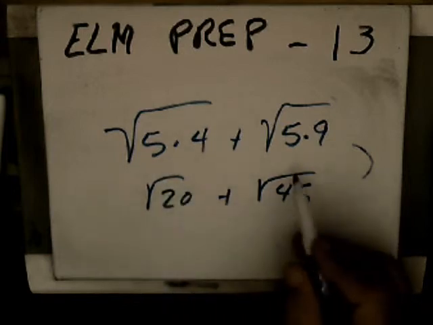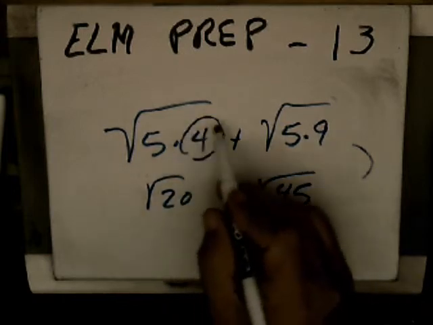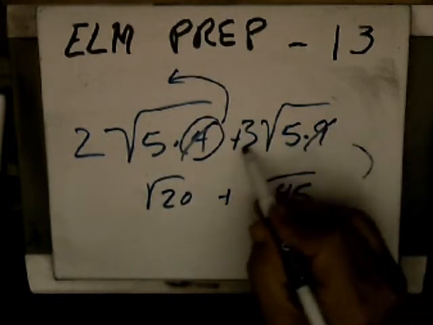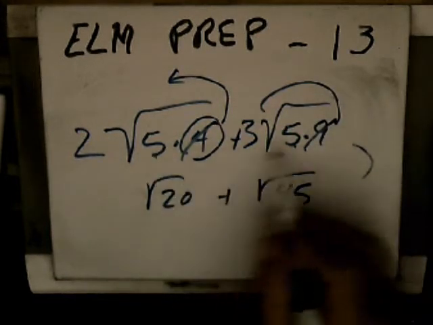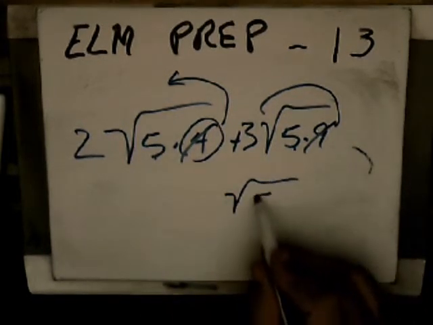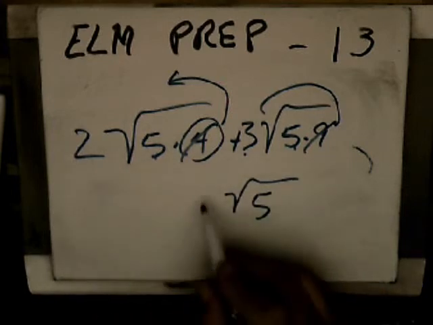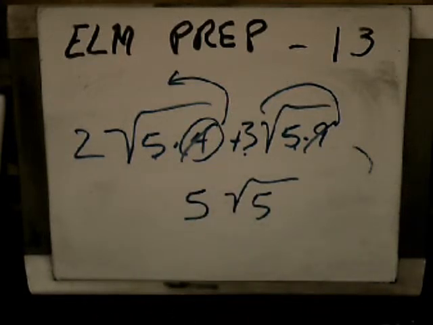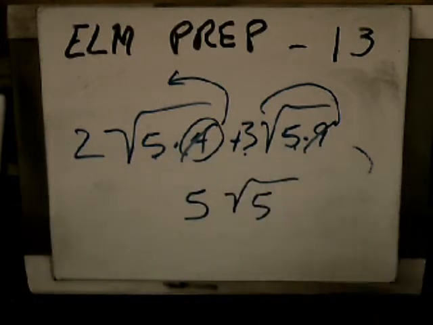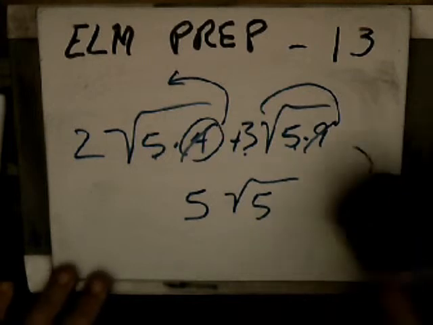But when I break them up, I see, oh, that's a square. I can bring that out as a 2. And this is a square. I bring that out as a 3. And I'm left with radical 5 inside. So now I have radical 5 in common. And I have 3 there and 2 there for a total of 5 radical 5. Very common kind of problem when you're looking at adding and subtracting. So when they do an add or subtract of a radical, you want to automatically look at the insides and see if you can somehow bring part of it out.